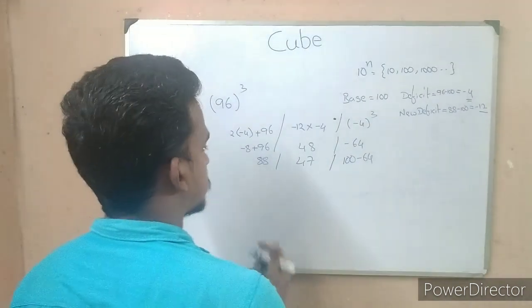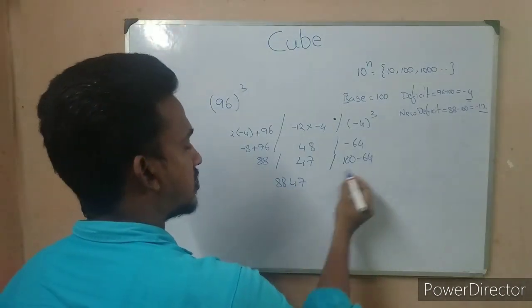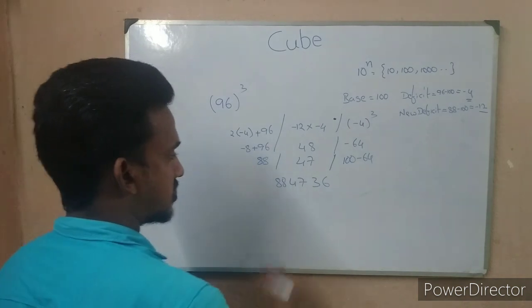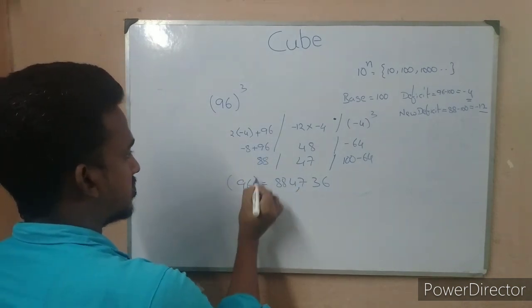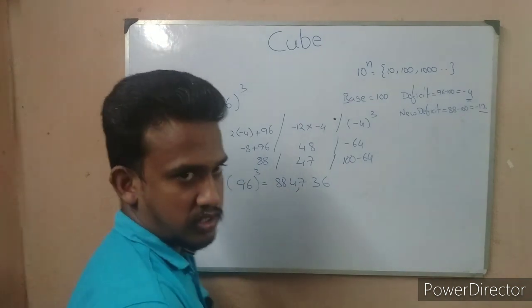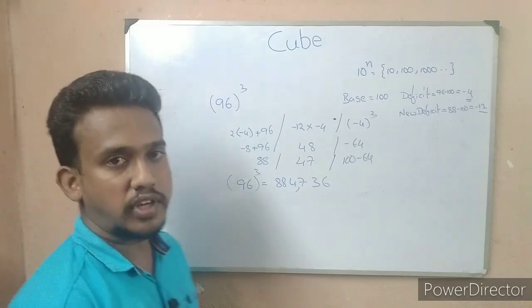So 100 minus 64 is 36: 88, 47 and 36. It is the cube of 96. This is how we find the cube value for a nearby number.